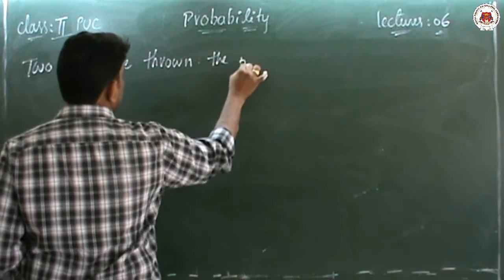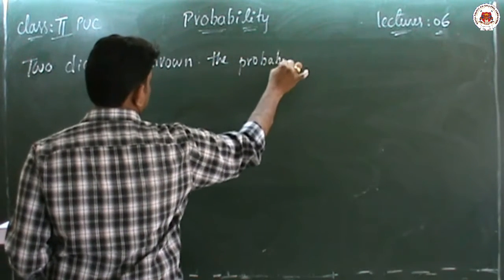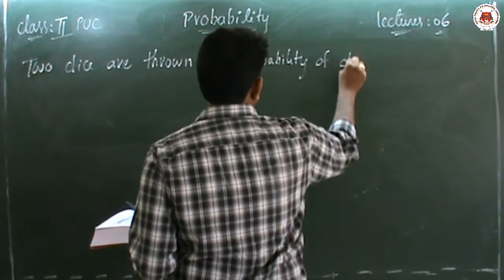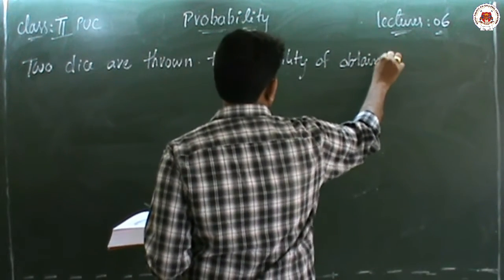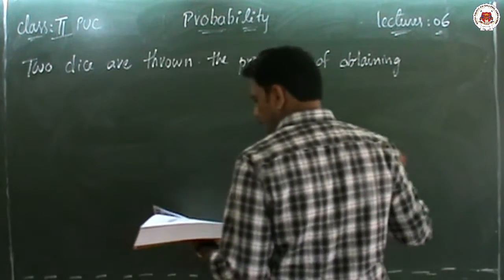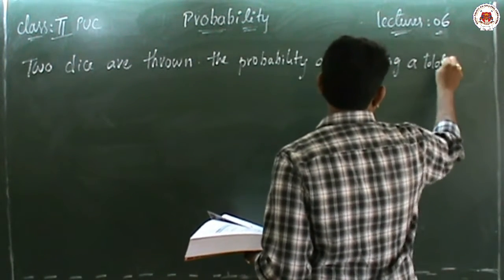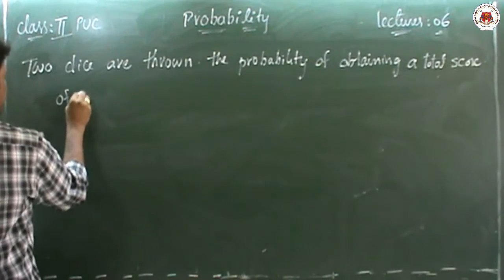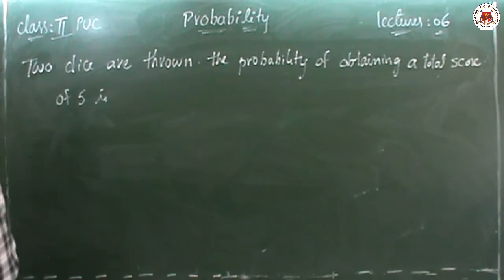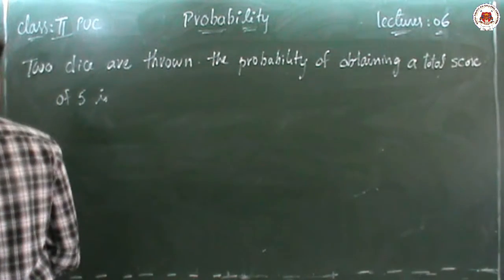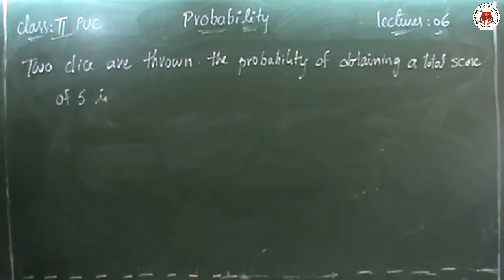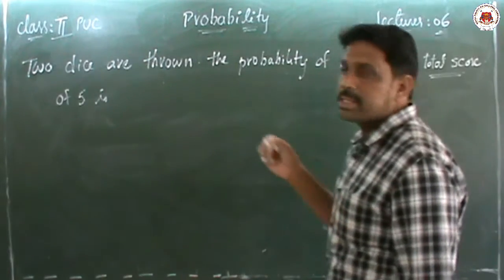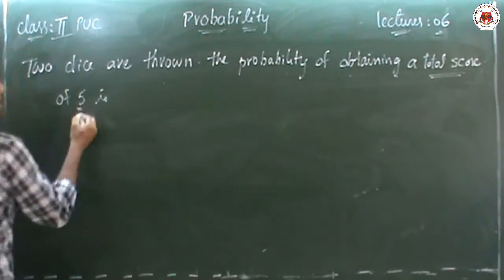The probability of obtaining a total score of 5 is. This is the question. Listen carefully. Two dice are thrown. Total means the sum of the two numbers on the 2 dice must be equal to 5.